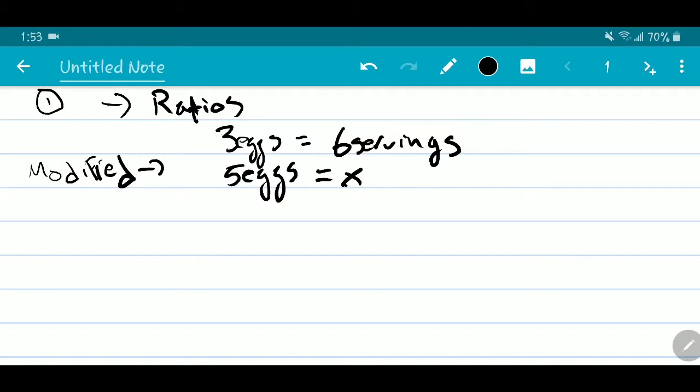What I like to do in this problem is find the conversion factor. So how do we do that? We can't do anything on this right side, so we must look at these two numbers right here, 3 and 5.